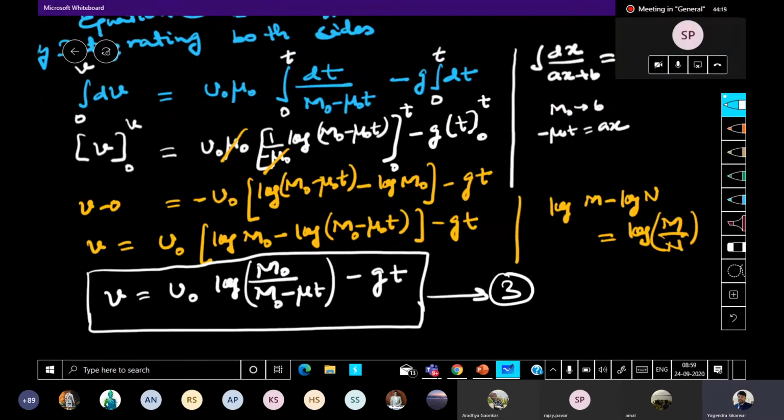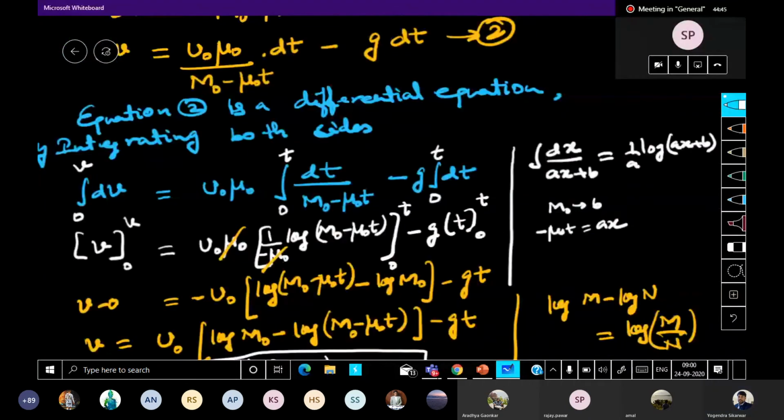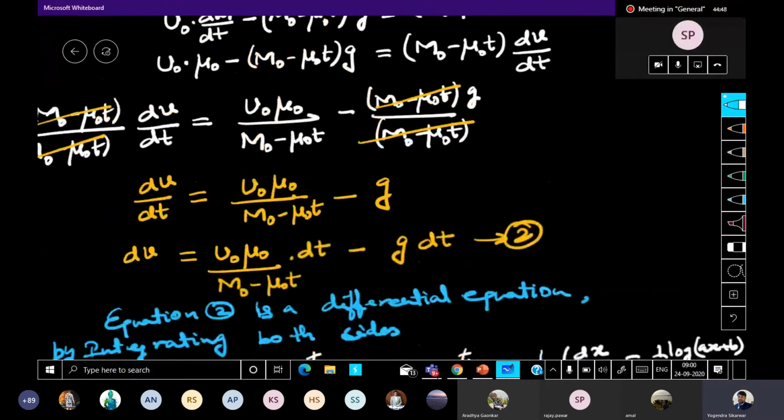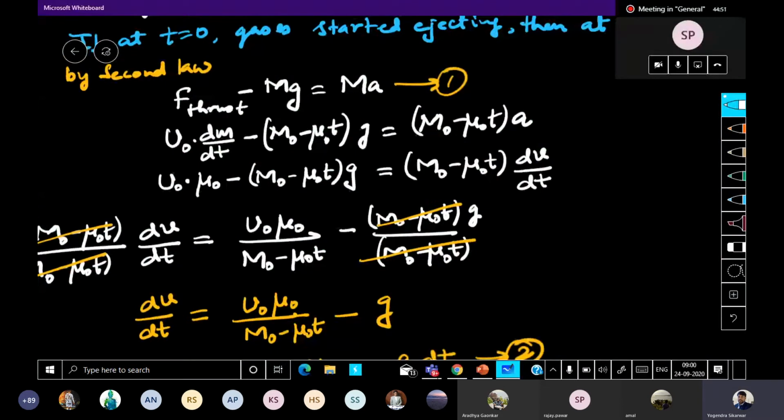Please note everyone. As I was explaining everything, that's why I needed to write all the steps. Suppose they ask you in your school, derive the formula for rocket propulsion. What you can do is write the first step, F thrust is equal to, I am telling you which steps you need to write if they ask.